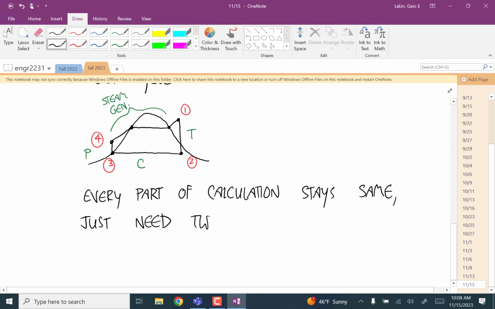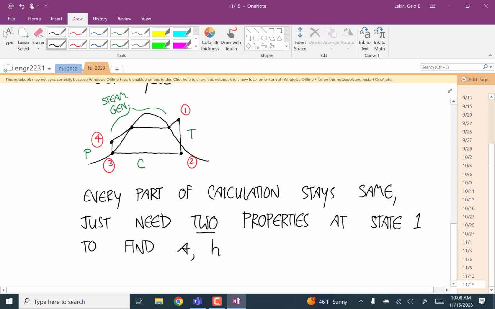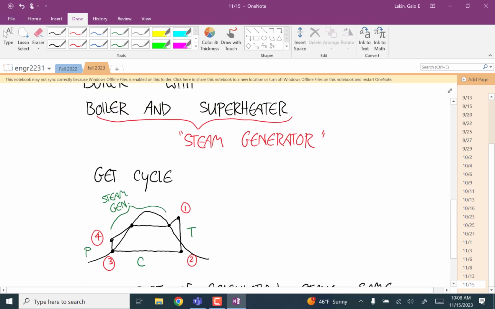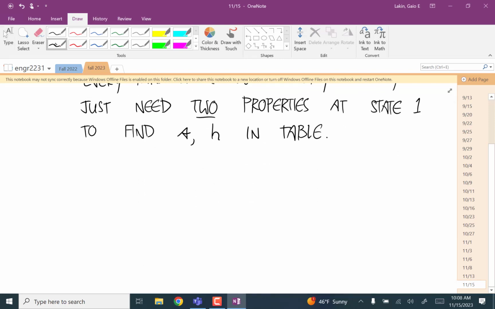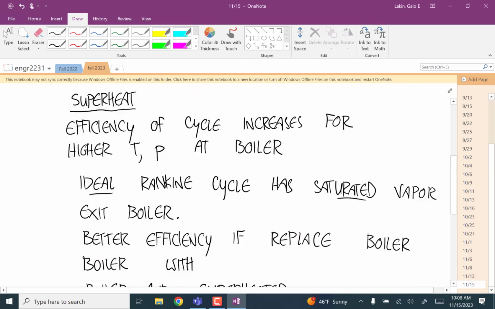So now you need 2 properties at state 1 to find the entropy and the enthalpy in the table. Okay? So that's really all you need to know about superheat. The second one is reheat.